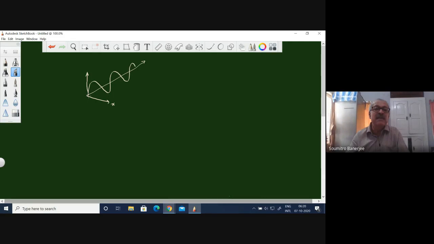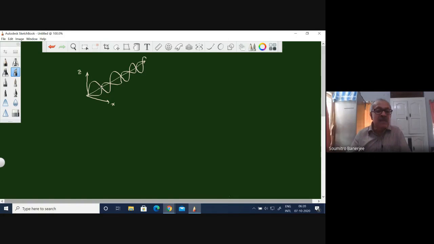I'm drawing it in the z-y plane, and there's another direction, the x-y plane, in which the magnetic field oscillates. This is the picture you have got in waves and optics. Is that right? Yeah. So this is the z-axis.